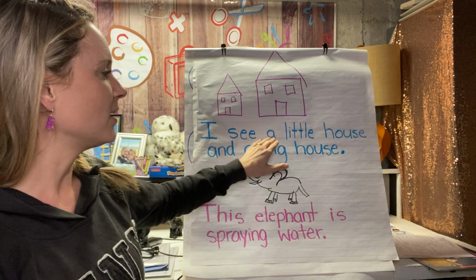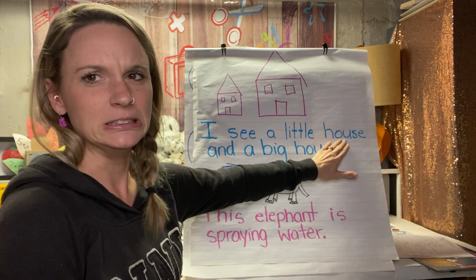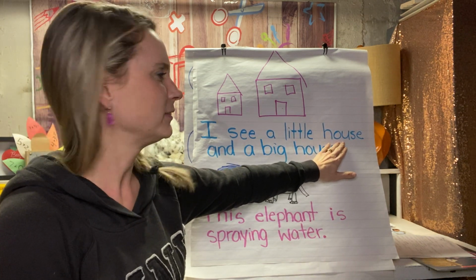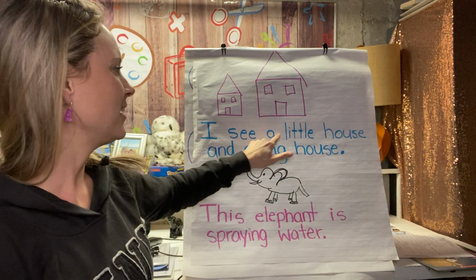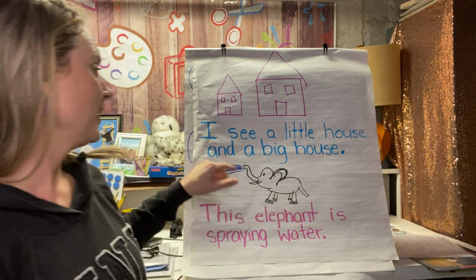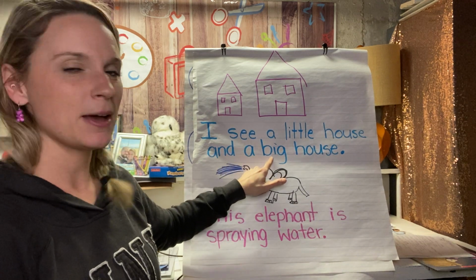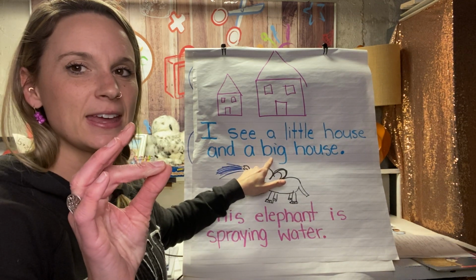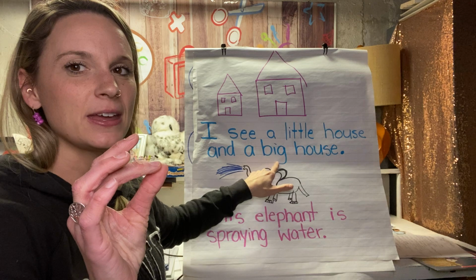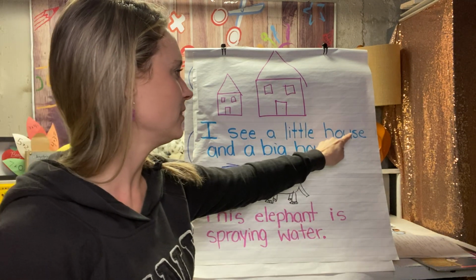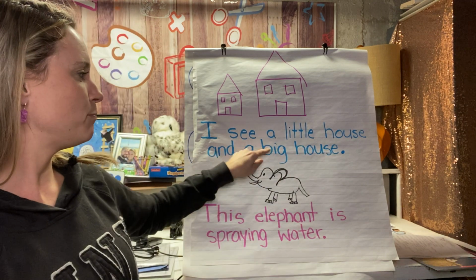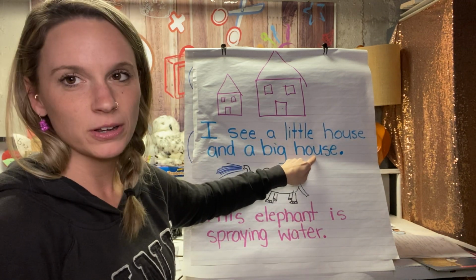So I see a little, I don't know that word. I'm gonna skip it because I don't know it. I see a little something and I can tap this one out. B-egg, B-egg. Big.